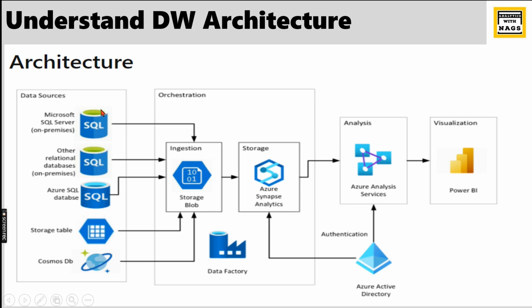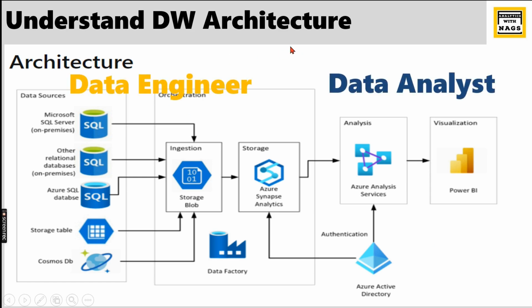So we cannot generate reports on top of these systems, because you would need to report from different places. So you need to have a common place, and you will bring all your data there. This job is done by Data Factory, or generally any other ETL tool. Then you will store it somewhere, and then you will do the modeling and reporting. This is the typical architecture. So where do these two roles play?